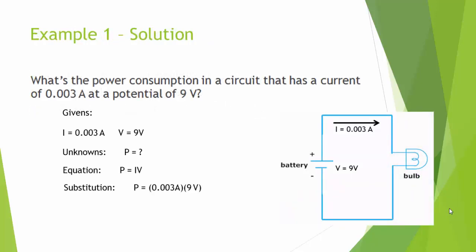Okay, so you get out your calculator, you type in 0.003 times 9, you get 0.027 watts. And you're done, right? Well, the answer is no, you're not finished. We've got to get rid of this habit of writing down an answer and quickly flipping to the next question. Before we proceed beyond this portion of our worksheet, we need to ask ourselves the two questions.